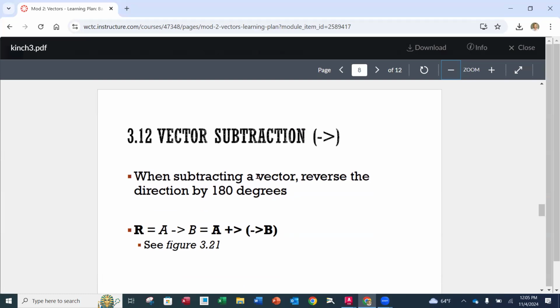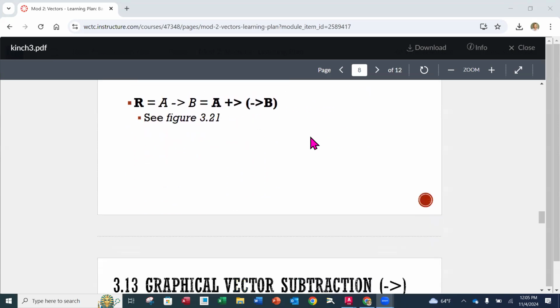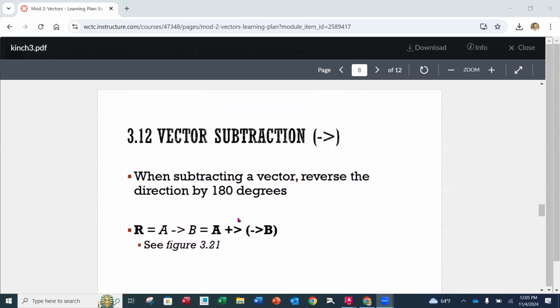The process we used to reapply what we learned about addition is that when we do vector subtraction, we add the negative version of that vector. It says here, when subtracting a vector, you reverse that direction 180 degrees, but then we simply add tip to tail like we learned in addition.